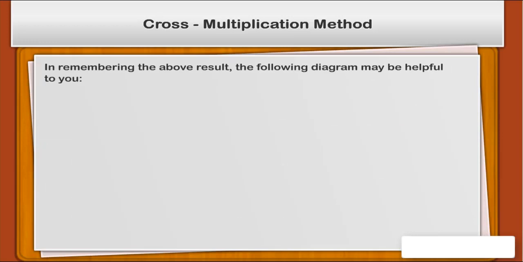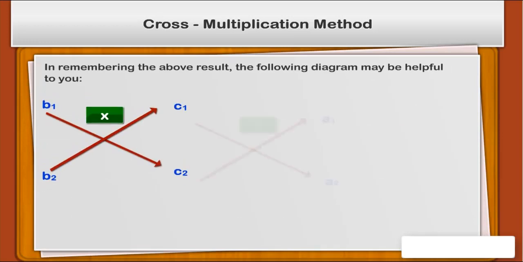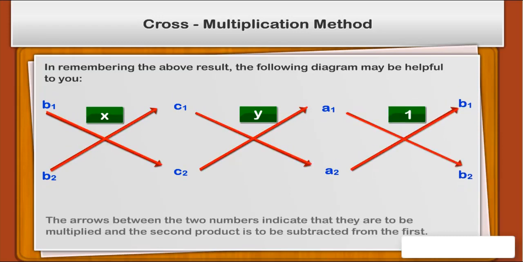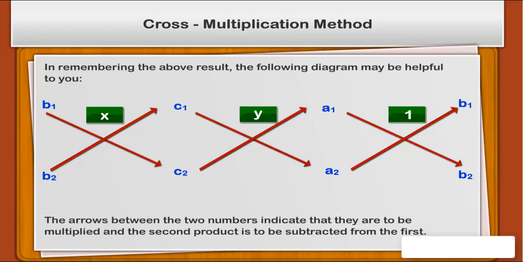In remembering the above result, the following diagram may be helpful to you. The arrows between the two numbers indicate that they are yet to be multiplied and the second product is to be subtracted from the first. For example, b1c2 minus b2c1, c1a2 minus c2a1 and a1b2 minus a2b1.